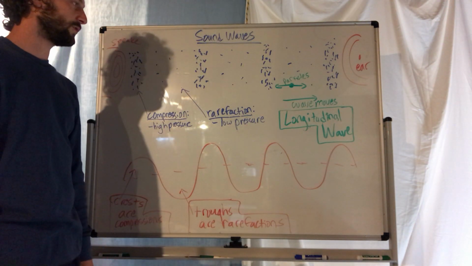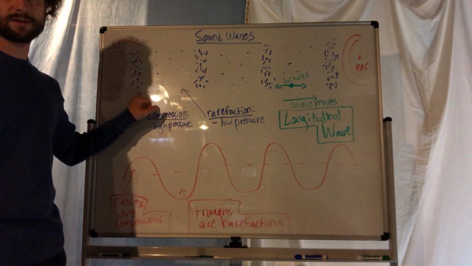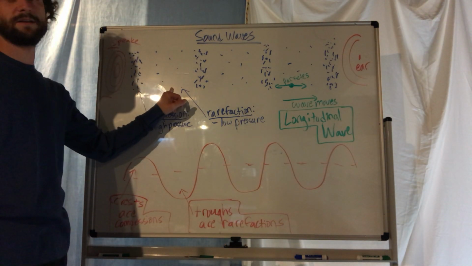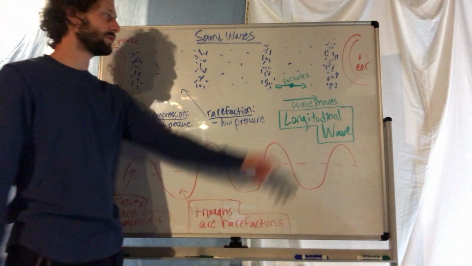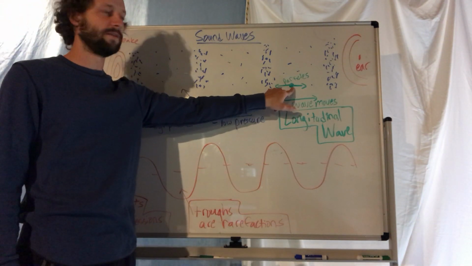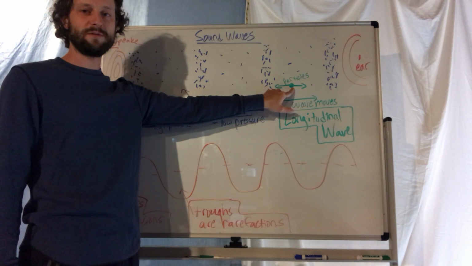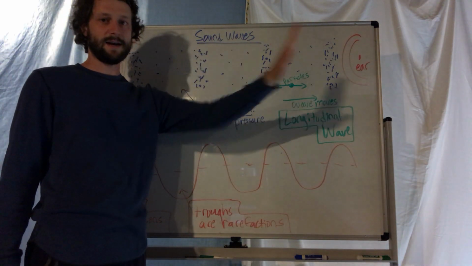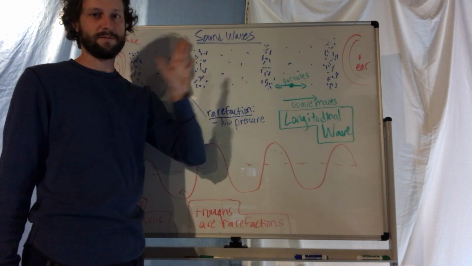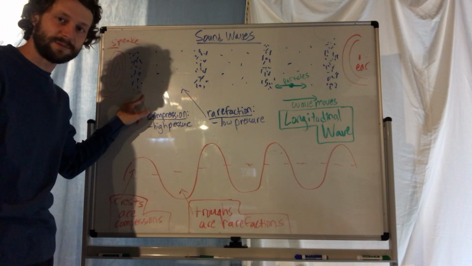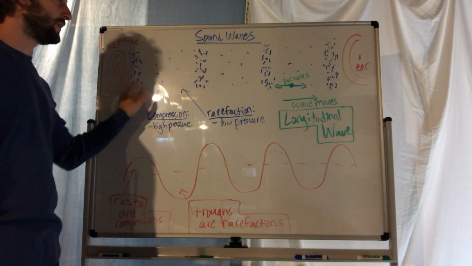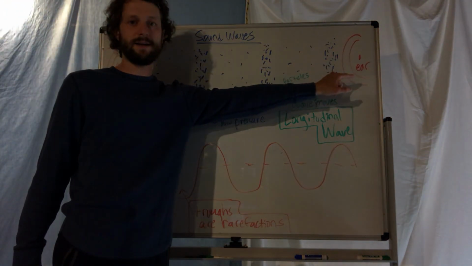So what are the particles doing to make compressions, the high pressure area, and then rarefactions? Well, like we talked about in our longitudinal wave video, the particles move like a pendulum. They move in and out, back and forth, back and forth. The particles over here next to the speaker do not make this long trek all the way to the ear.